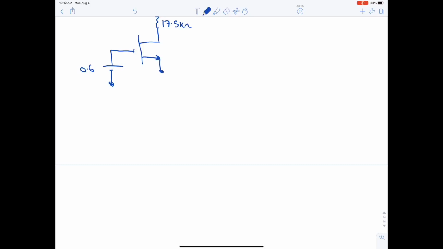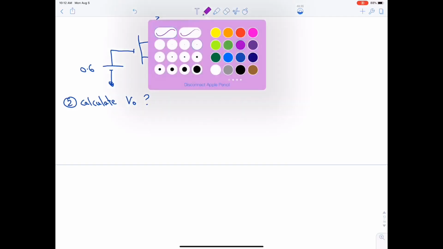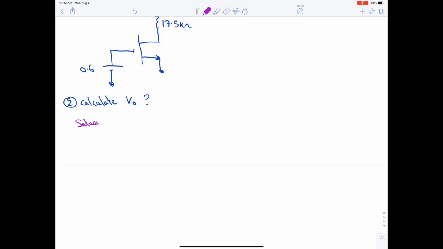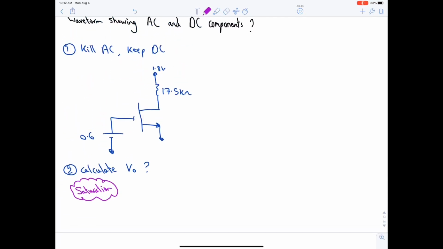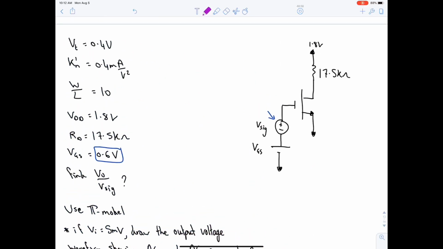Okay, second step, calculate V output. We said we are in saturation. Let's find ID first. ID is half Kn prime W over L VOV squared. ID is unknown. Half Kn prime is 0.4 milli.